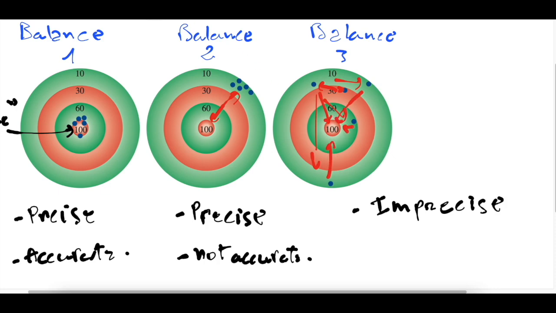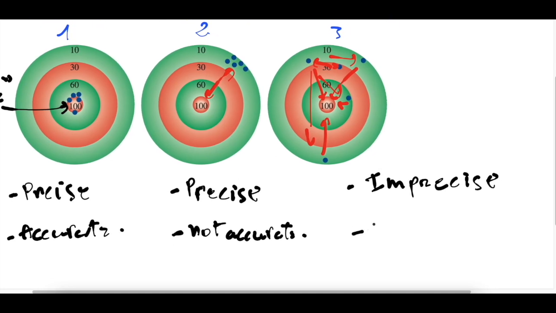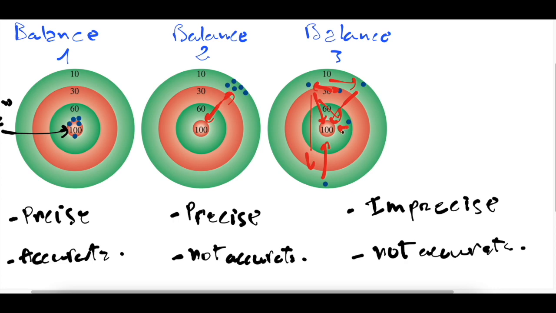So here we have measurements that are not accurate, or inaccurate results. So let's write here not accurate. With the third balance we have imprecise, not accurate results.